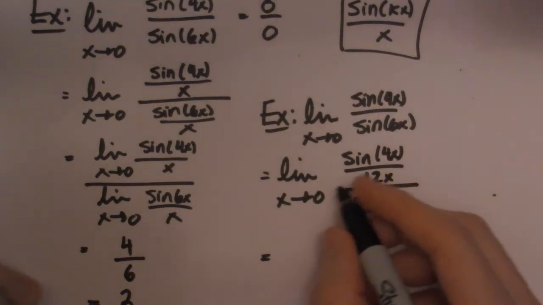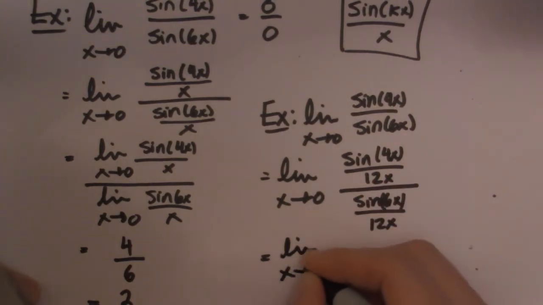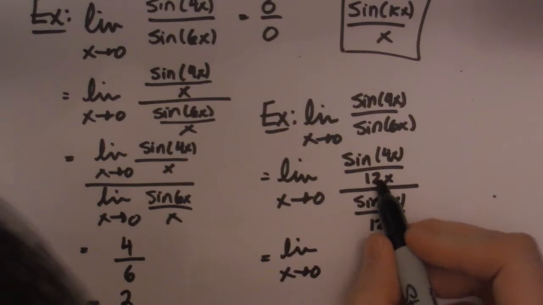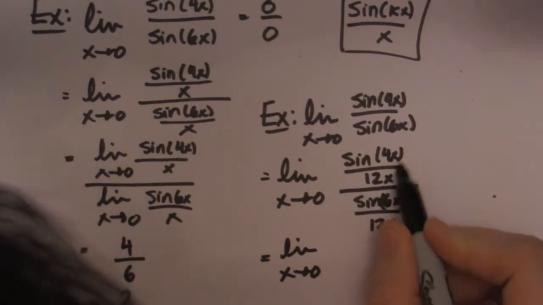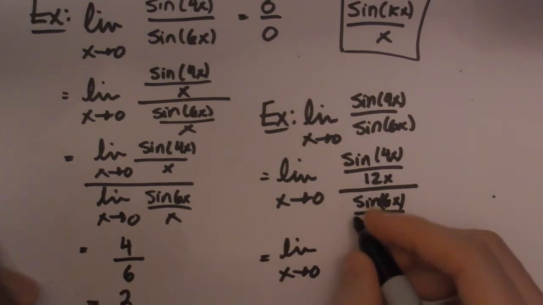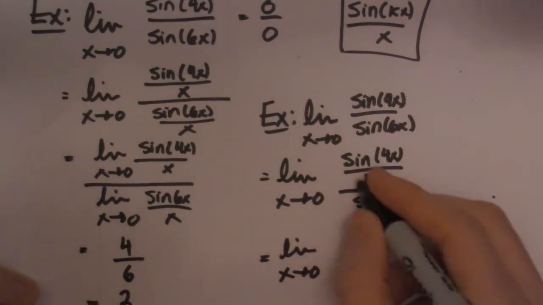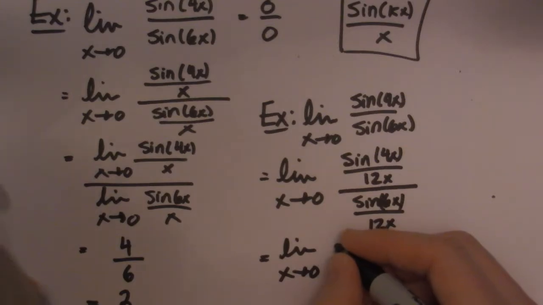Now I'm going to break up this 12 into 3 times 4x. I'm going to keep the 4x with the limit and take the 3 to the outside. I'm going to apply this limit to both things so I can take a shortcut.